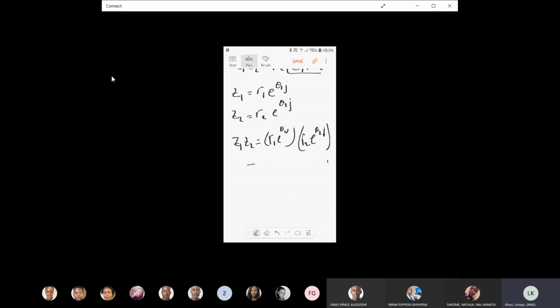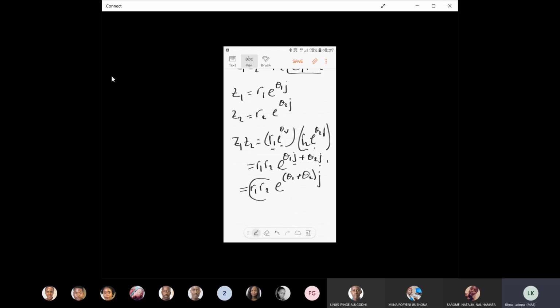Multiplying this, I get r1 r2, since I can just multiply these two numbers, and here the bases are the same, so it's e, and when I'm multiplying and the bases are the same, I just add the exponents. So I have theta 1 j plus theta 2 j. Now I can factorize j out, or count how many j's I have. I have theta 1 j's and theta 2 j's. How many altogether? It's theta 1 plus theta 2 j's altogether. So this is r1 r2 e to the power of (theta 1 plus theta 2) j.